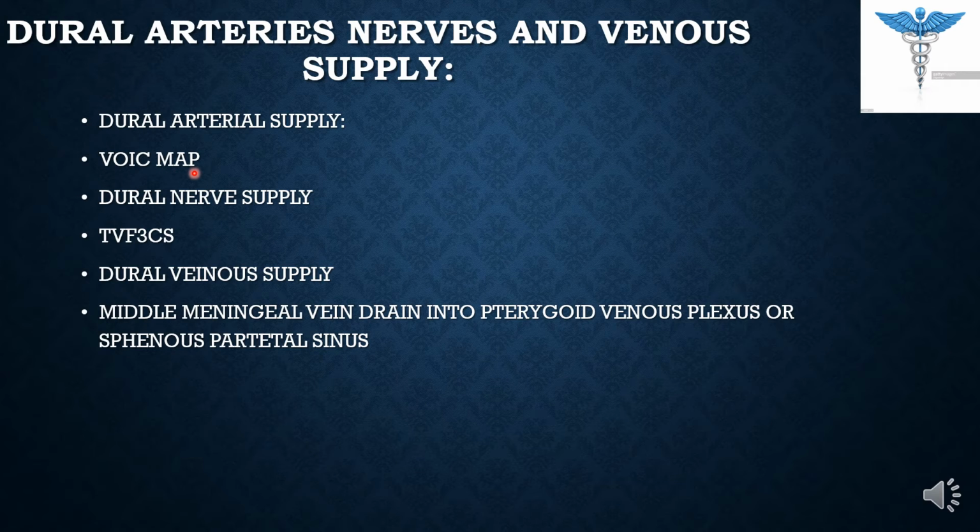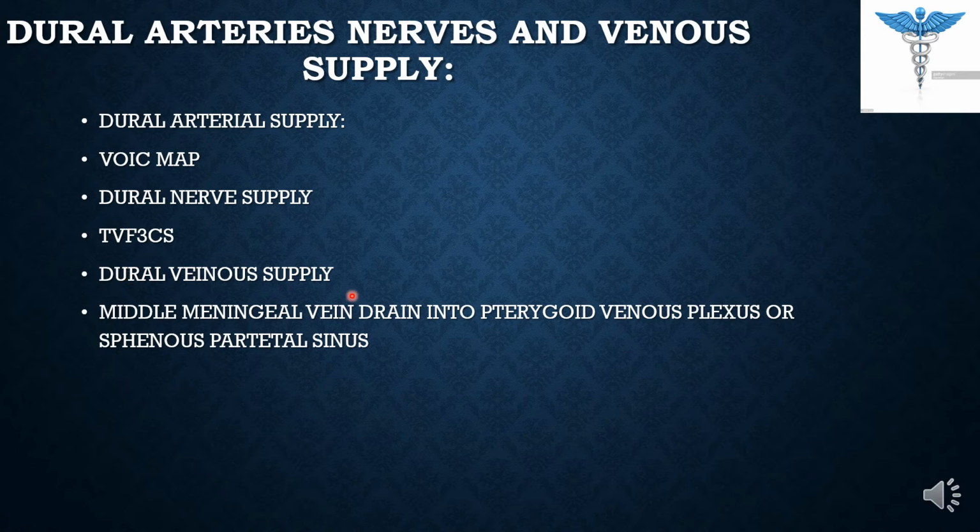So, simple. Dural nerve supply: trigeminal nerve, vagus nerve, first three cervical nerves, and the branches of the sympathetic nervous system. Once again I will repeat: T for trigeminal, V for vagus, F for first three cervical nerves, and the branches of the sympathetic nervous system.